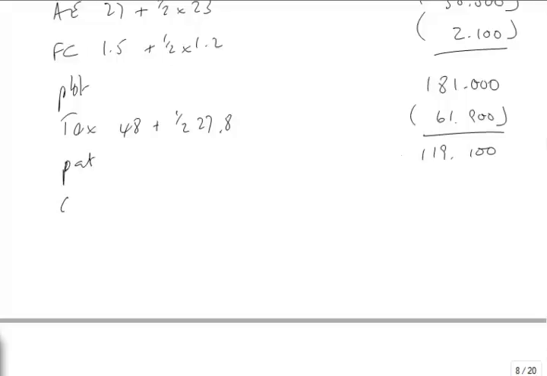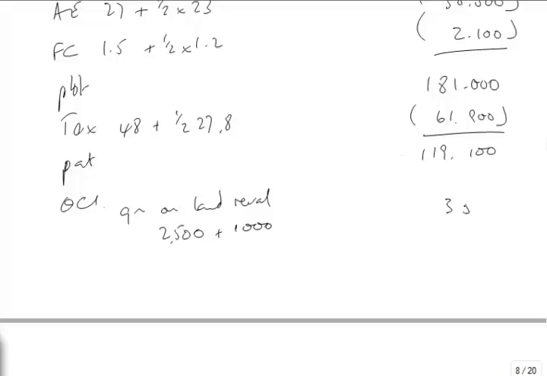But then we've got the other comprehensive income. We've got the gain on land revaluation. And the gain on the land revaluation is 2.5 plus, paragraph 1, during the post-acquisition period, so it's entirely post-acquisition.